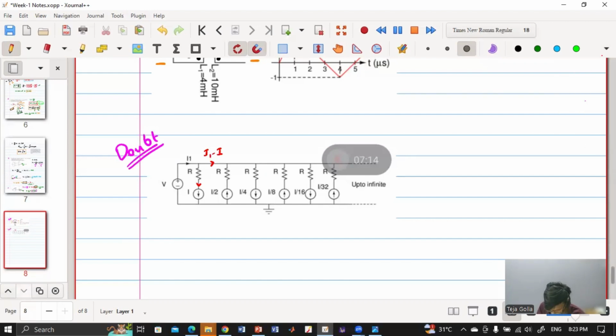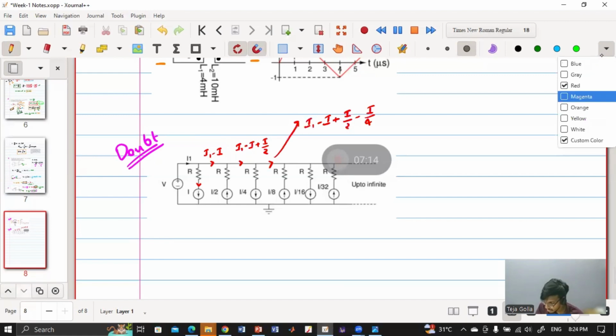So if this is I1 minus I and this is I by 2, what will be the value of this? I1 minus I plus I by 2. Agree? And then what will be the current in this? I1 minus I plus I by 2 minus I by 4. Agree?